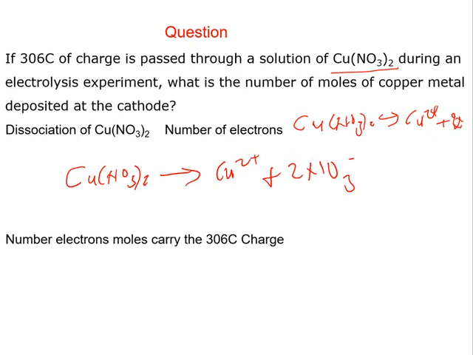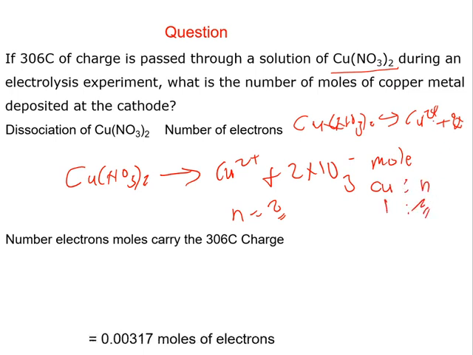So n is equal to 2. In short, the mole ratio between copper and electrons is 1 to 2. What it means is that 1 mole of copper is produced by 2 moles of electrons.